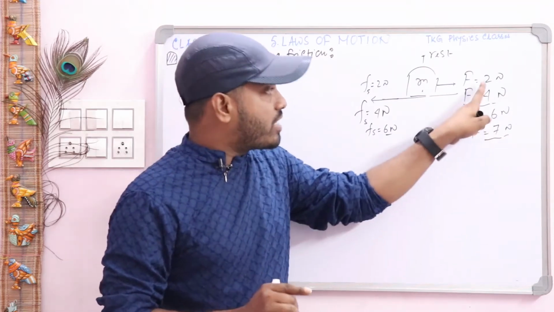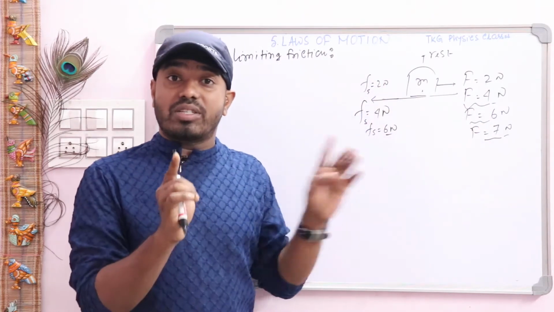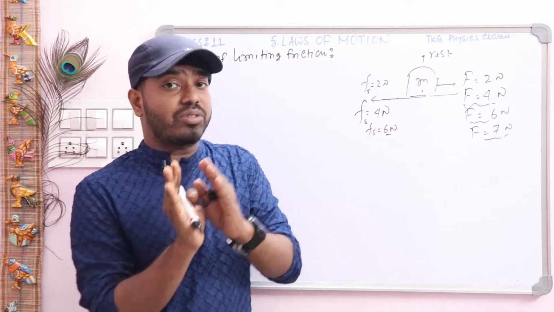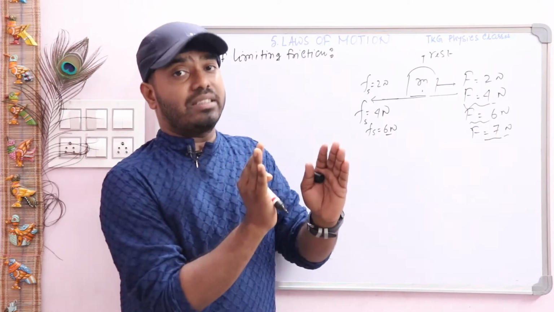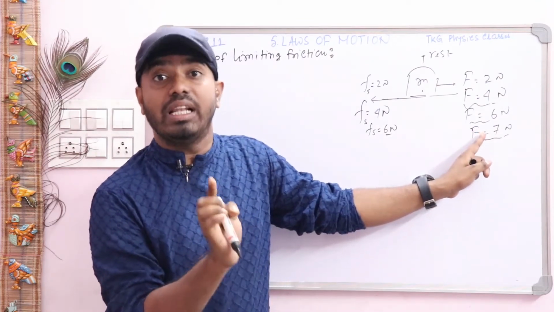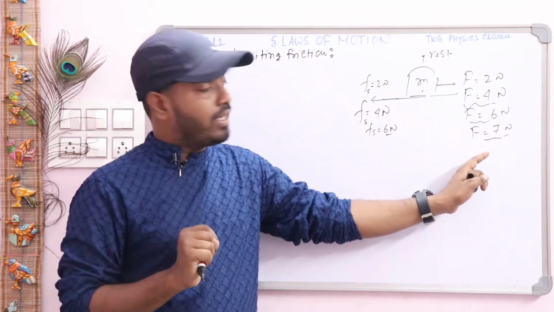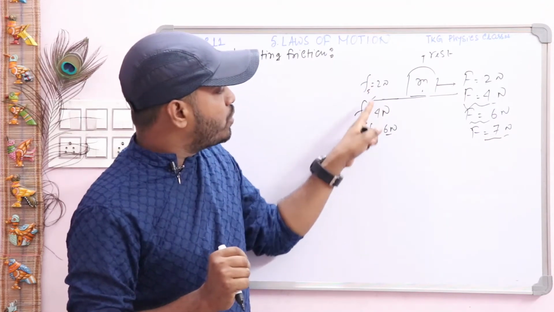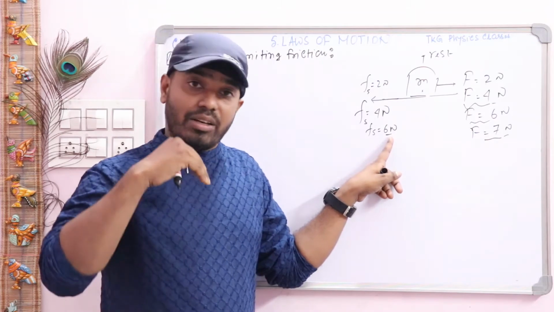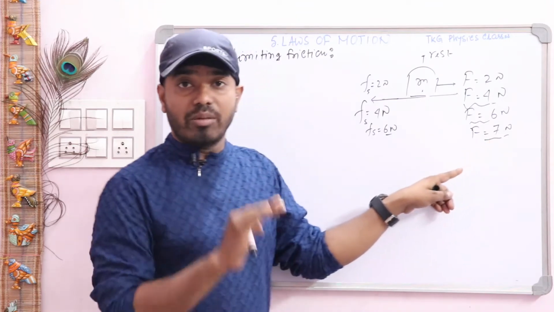But you see, as the external force increases, in this way static frictional force increases. So the static frictional force is not a constant. The static frictional force varies. Its value increases with the increase of the external force, linearly, up to a maximum limit. You see, the frictional force increases to 4, 6. Suppose this is the maximum frictional force, and when I apply an external force of 7 Newton, the body goes into motion.